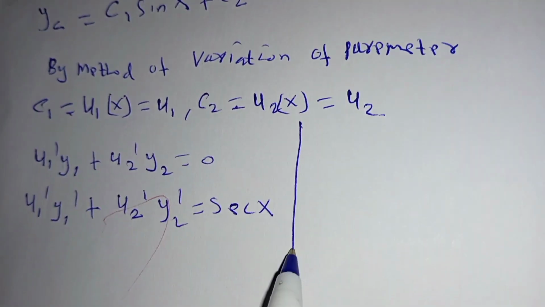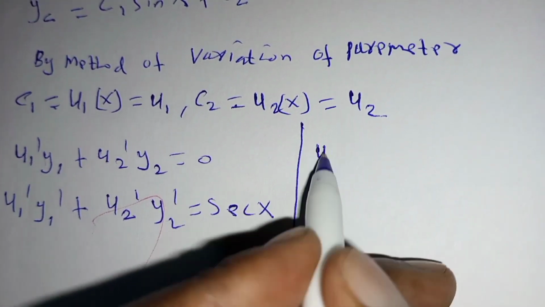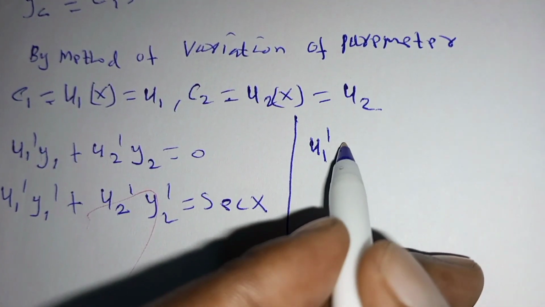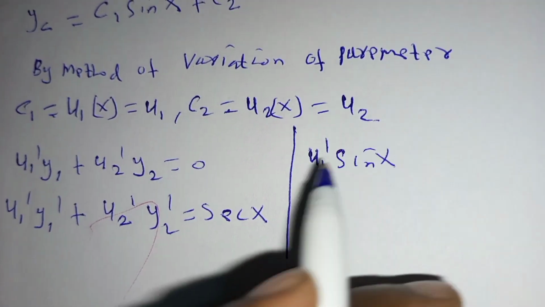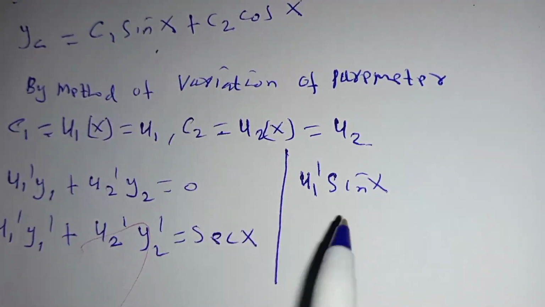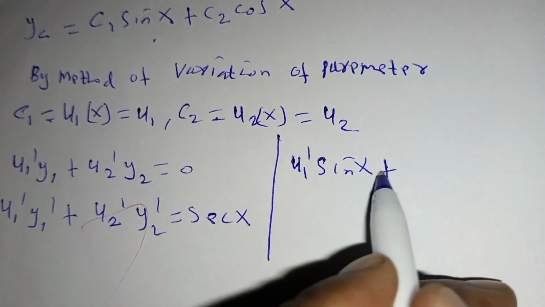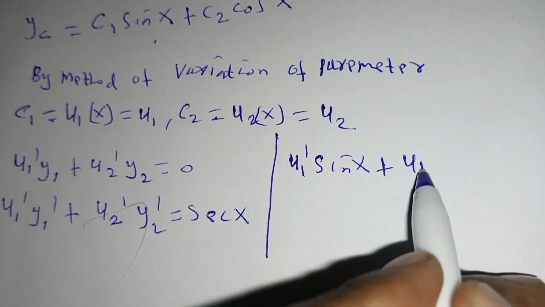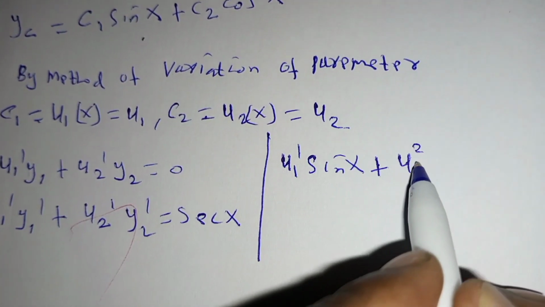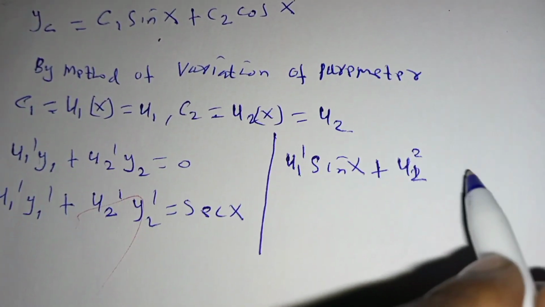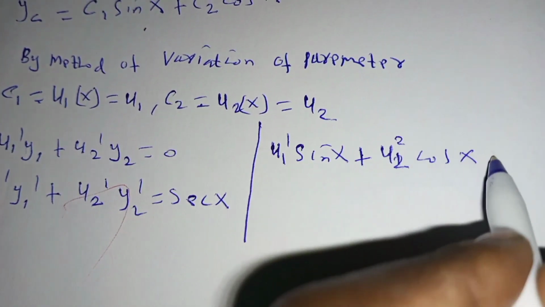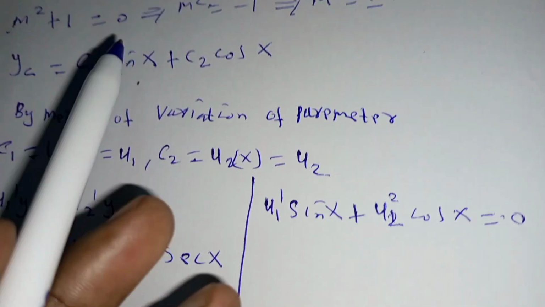Now from there, we will have our U1 prime sine of x, since our y1 is sine of x, plus U2 prime cos of x, which is equal to 0 here.